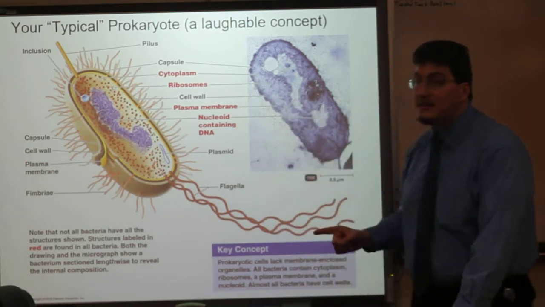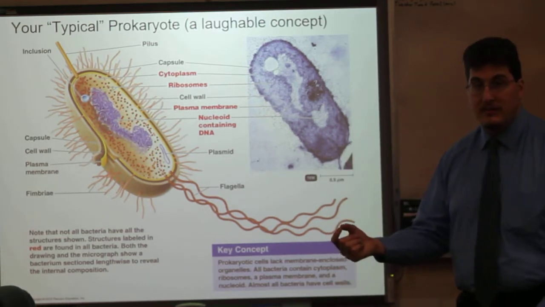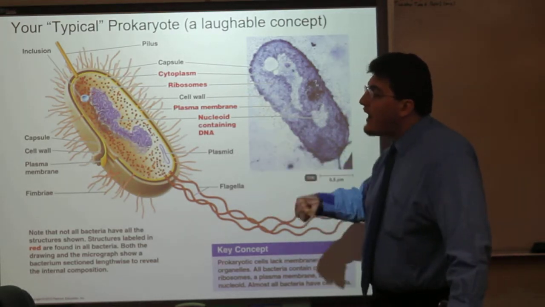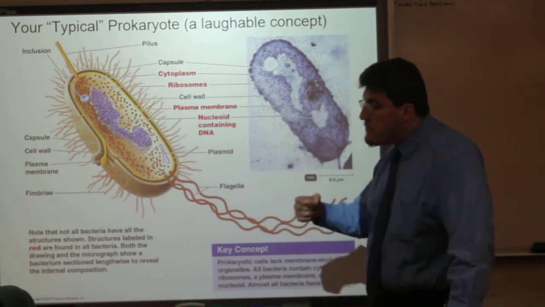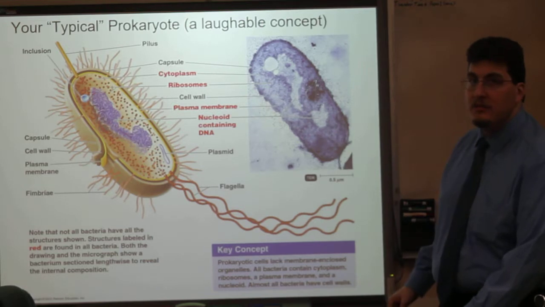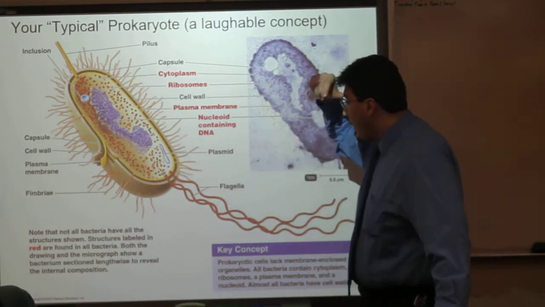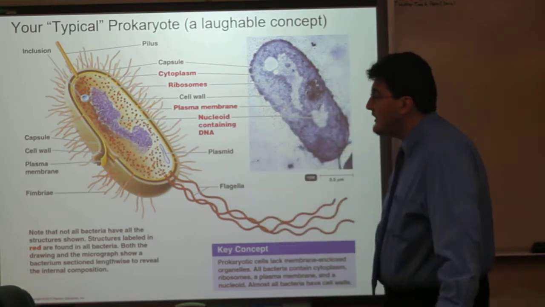And when I say naked DNA, I mean this DNA is not bound by histone proteins. So they are not bound either by a nuclear membrane or nuclear envelope, nor by histone proteins. They are just squiggling around in the soup, doing their thing. Plasmids are small circular pieces of DNA separate from the main nucleoid region.